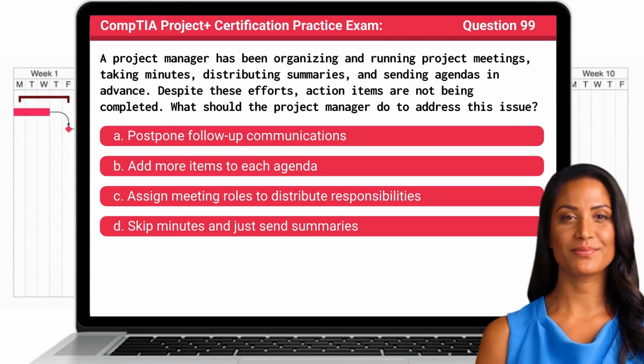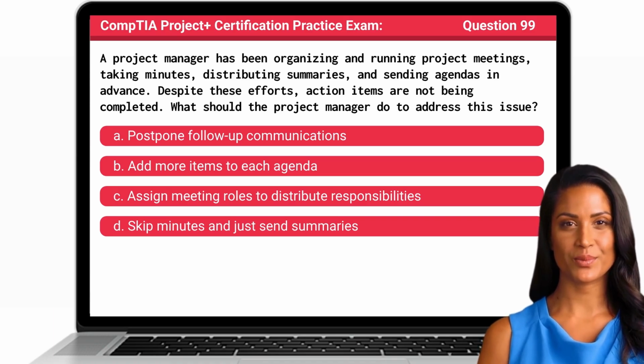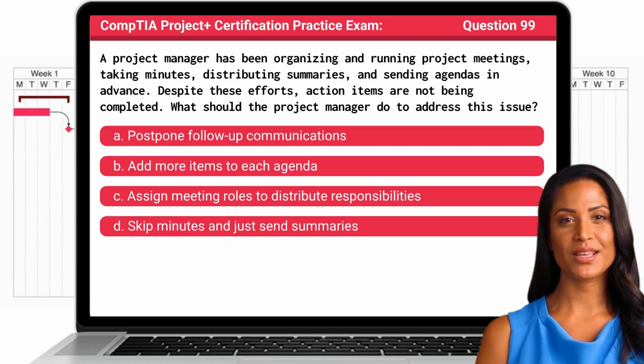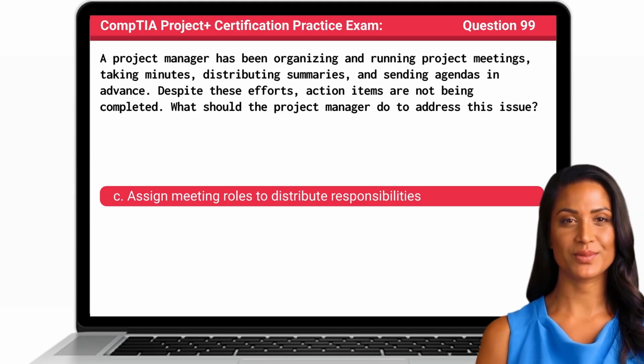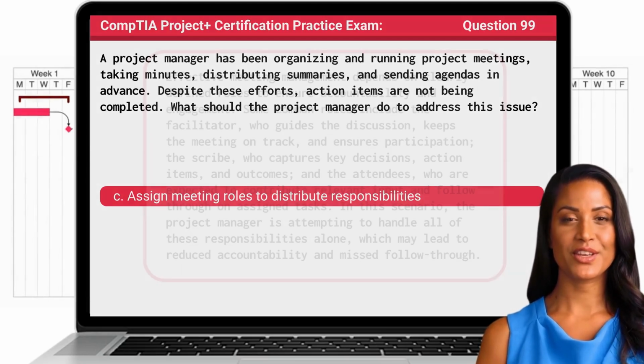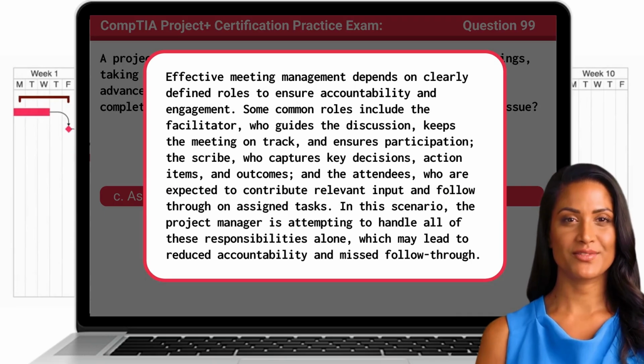Question 99. A project manager has been organizing and running project meetings, taking minutes, distributing summaries, and sending agendas in advance. Despite these efforts, action items are not being completed. What should the project manager do to address this issue? The answer is C. Assign meeting roles to distribute responsibilities. Effective meeting management depends on clearly defined roles to ensure accountability and engagement.